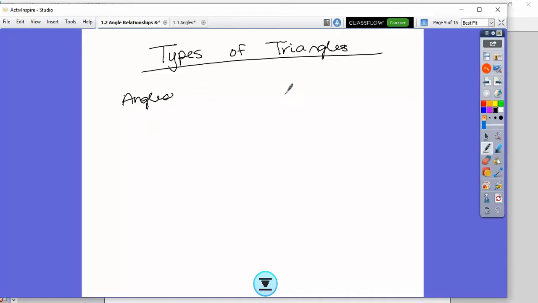So if I'm classifying based off my angles, if I said acute, an acute triangle, what does that mean? And in a triangle, that means all angles have to be less than 90.